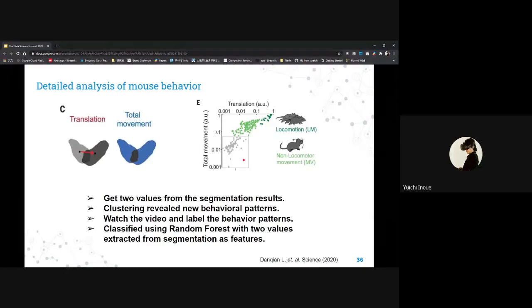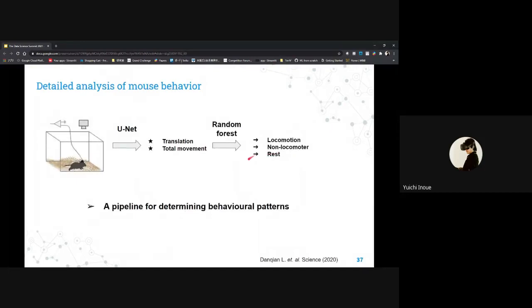The authors then looked at the videos and labeled these three patterns. Then, using random forest, they created a model that predicts these three patterns from translation and total movement. This is the pipeline used in this paper to determine the behavioral patterns of mice.